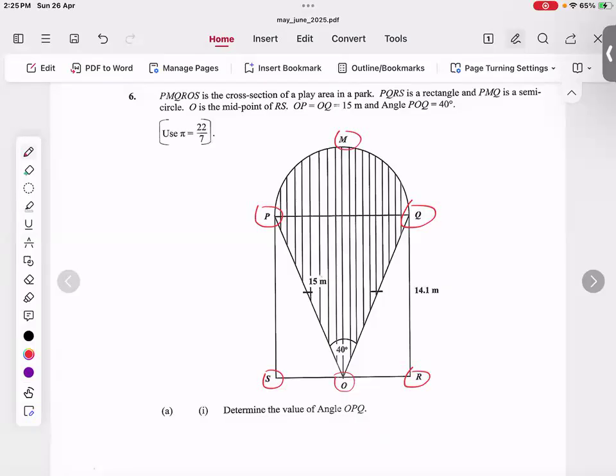PQRS is a rectangle. Let me identify that. PQRS is a rectangle.